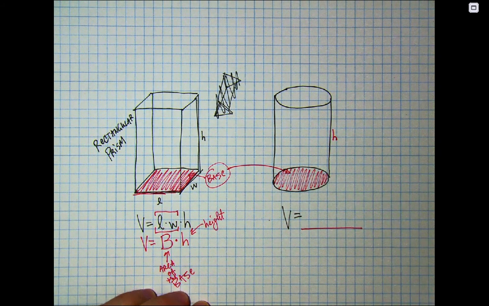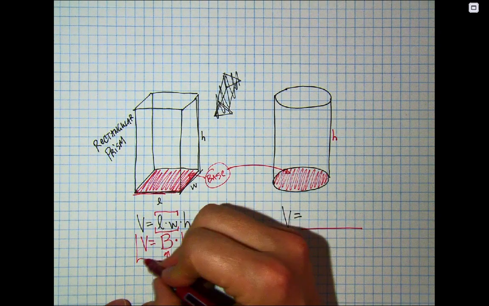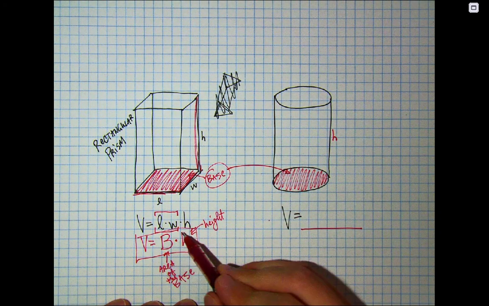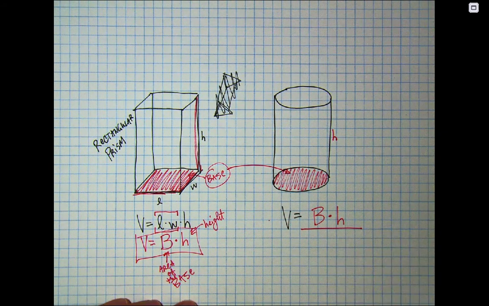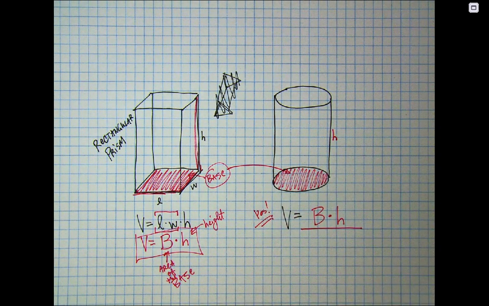Okay? So if we use area of the base times height to find the volume here, couldn't we find area of the base times the height to find volume here? And the answer is yes.